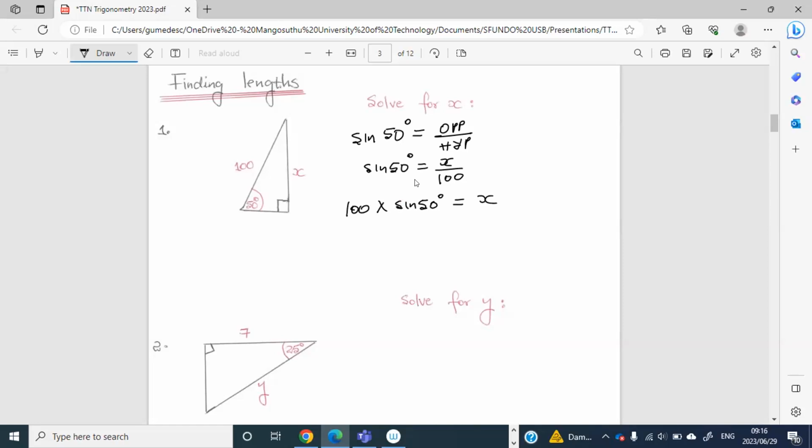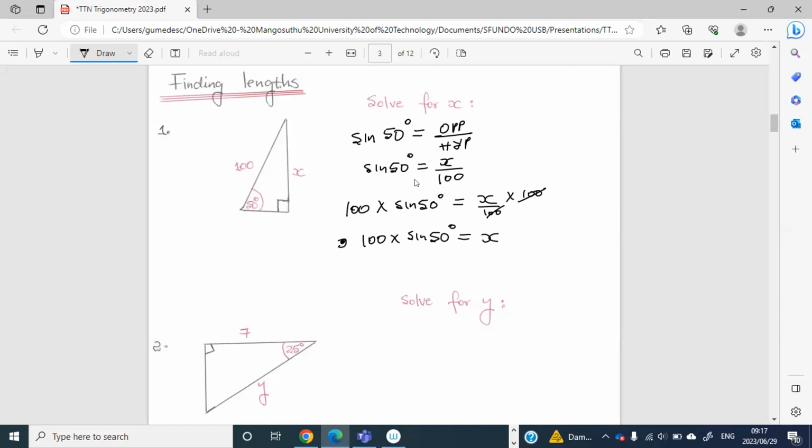Because if I say times 100 here over 100, this will be 1. So 100 times sine 50 degrees is equal to x. And then you can take your calculator and find out what is 100 sine 50 degrees.